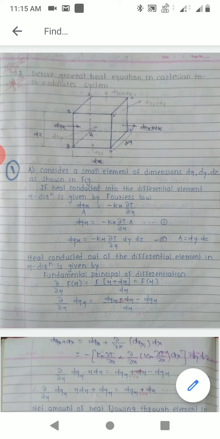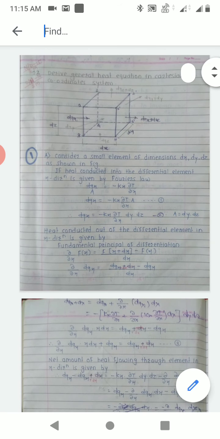We will see that. So first of all, we are dividing our equation in 4 parts. In the first part we are applying Fourier's law for that element.